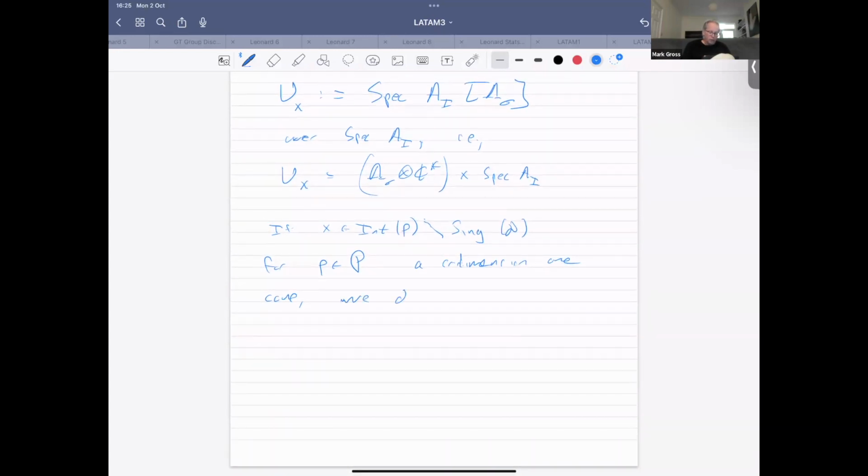we define another local model, another gadget, which I'll also write as U sub x, and this is slightly more complicated. Spec A sub I, bracket lambda rho. So lambda rho, just as before lambda D was the space of integral tangent vectors to D, lambda rho is integral tangent vectors to rho.